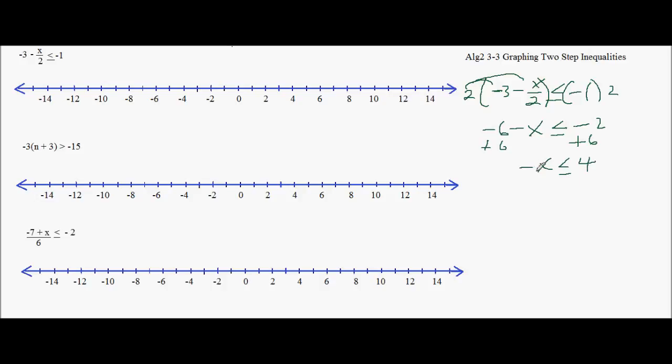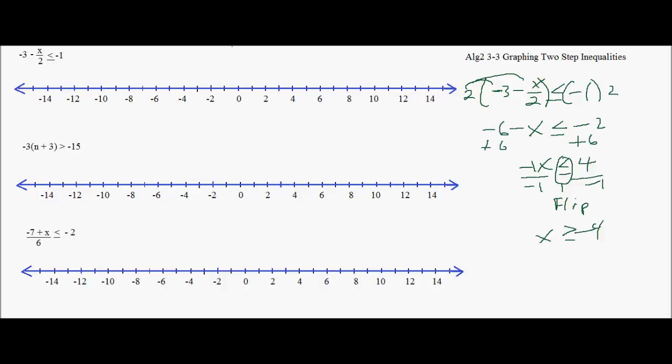And then I have to apply my rule. If I divide both sides by -1, I have to flip the inequality. This has to flip. That's the rule, because I just negated the inequality by multiplying it by a negative. So I get x is greater than -4.